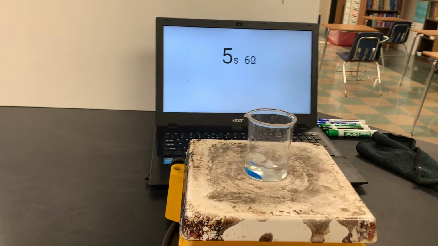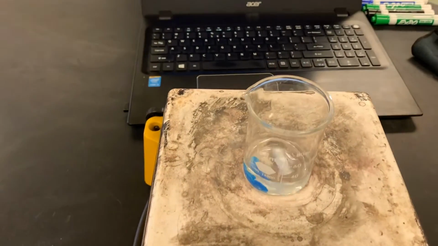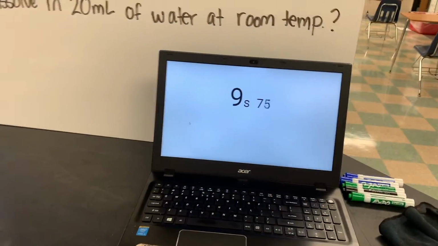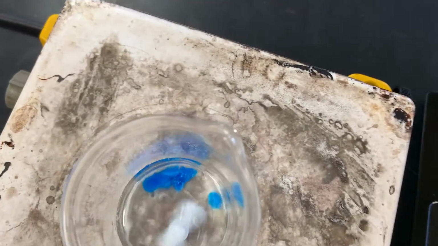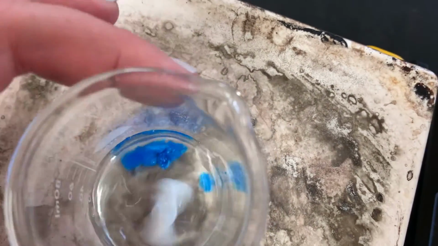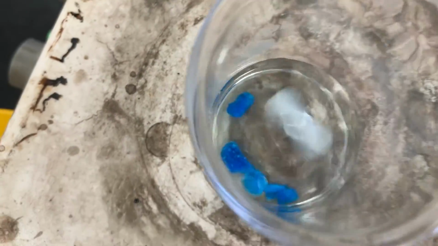So, if we look here, we've got a timer running in the background, and in here, we are mixing this up. You can see how there are those particles in there, those crystals. They're at the bottom.